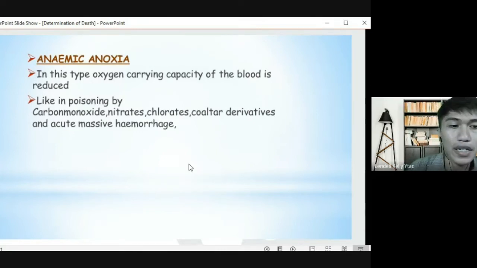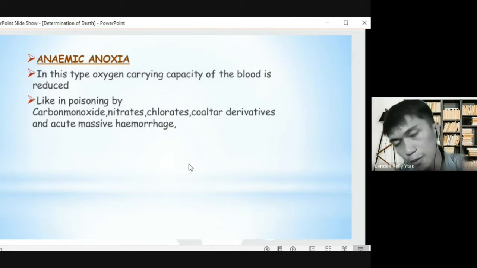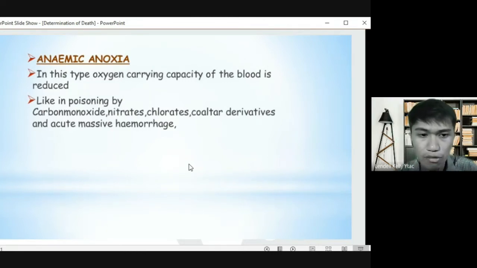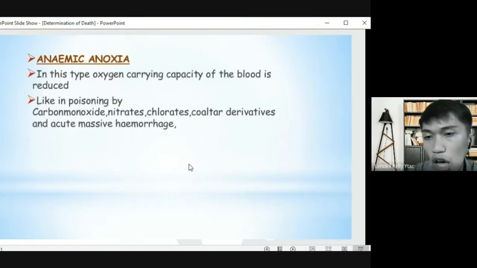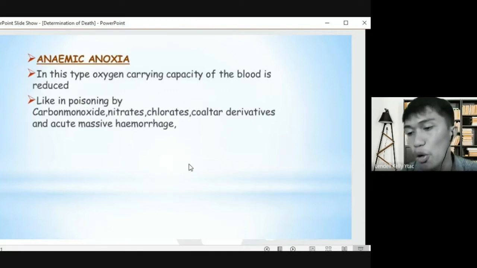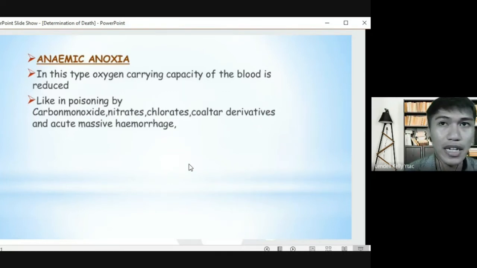What happens in carbon monoxide poisoning is that instead of oxygen attaching to the iron in the red blood cell, the oxygen can no longer attach to it, because there is what we call competitive attachment. Carbon monoxide has already attached to the ferrous iron. So there's no room for oxygen anymore. That's why carbon monoxide poisoning is dangerous, because carbon monoxide is odorless, tasteless, colorless.